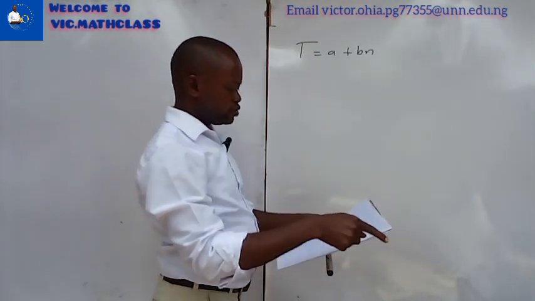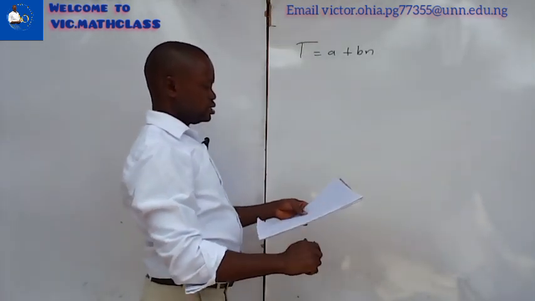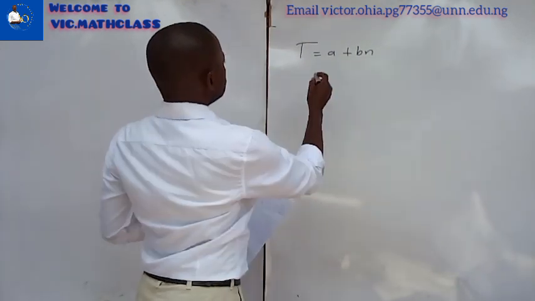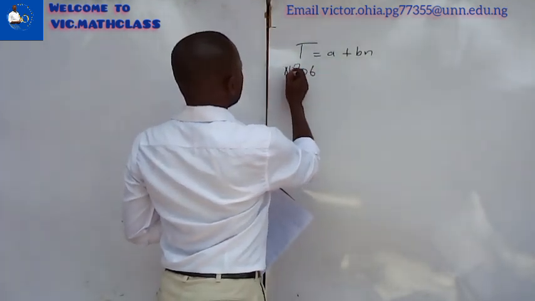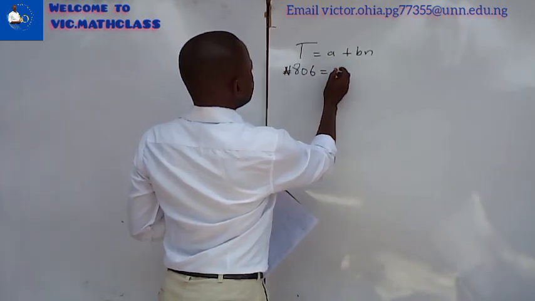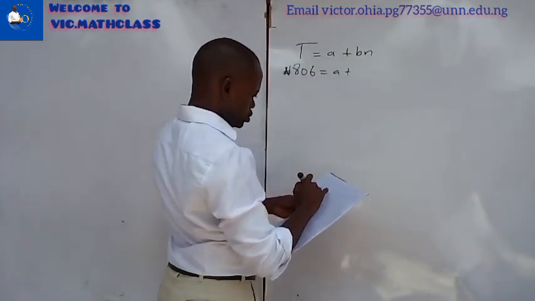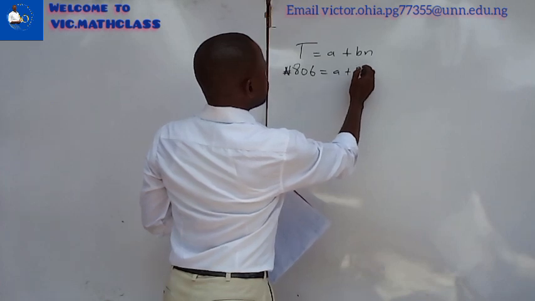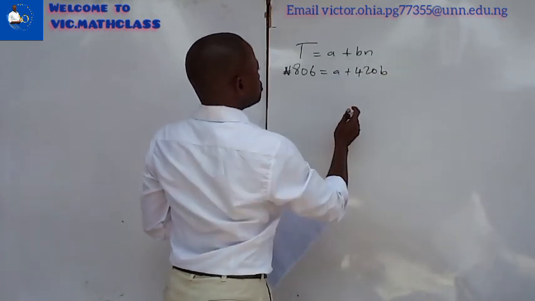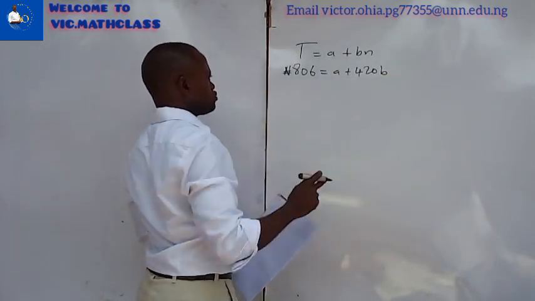Having expressed this, I can now begin to put the values they provided. They say the bill for 420 units of call is 806 naira. So for 806 naira, we will have A plus 420B, where 420 is n, the number of units of call.